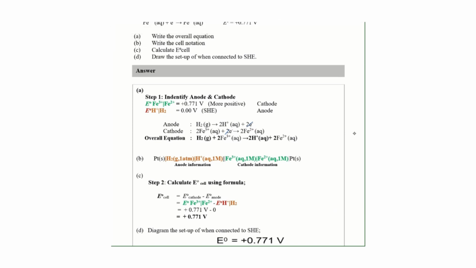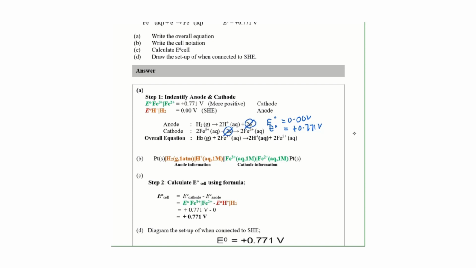So half cell equation must have E naught value of hydrogen 0.00 volt and E naught value of iron positive 0.771 volt. After that kita boleh cancel out number of electrons sebab kat sama. Cancel out.